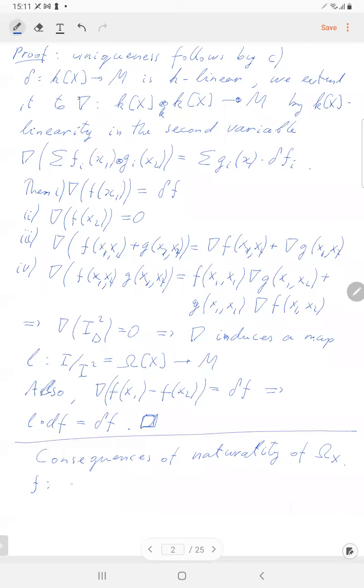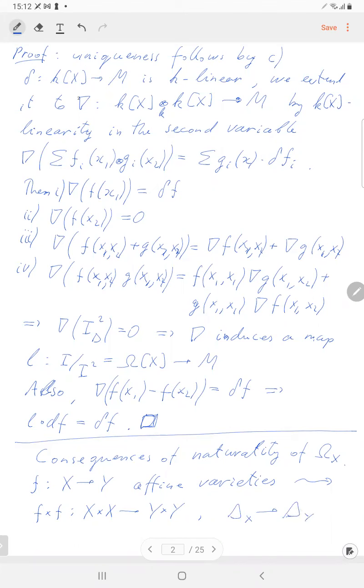We have a morphism from X to Y, and these are affine varieties. Then it induces the morphism between the squares, f times f from X times X to Y times Y, and it takes diagonal to diagonal. Delta X goes to delta Y, certainly.